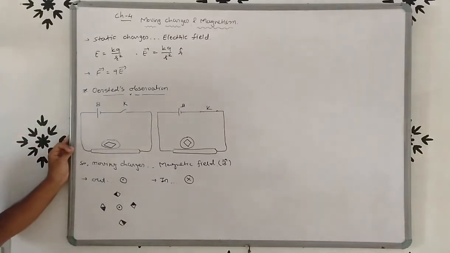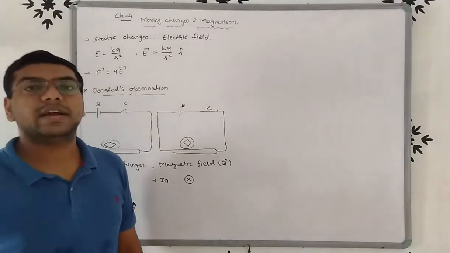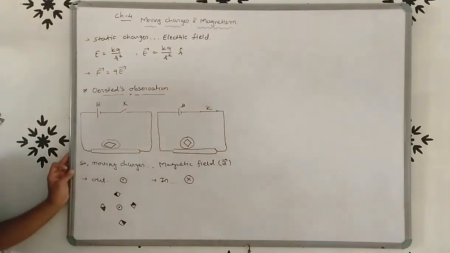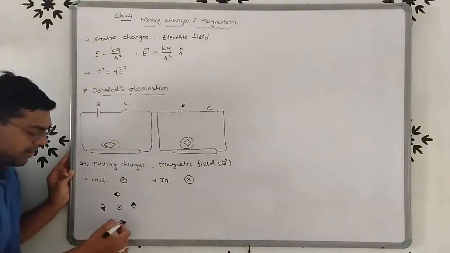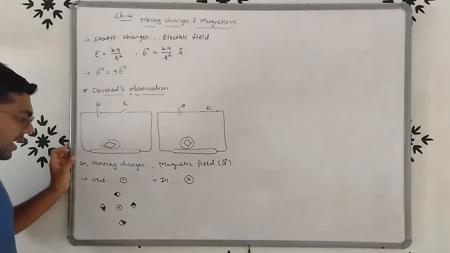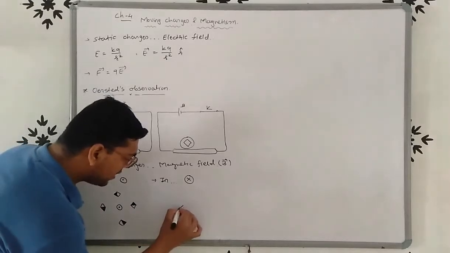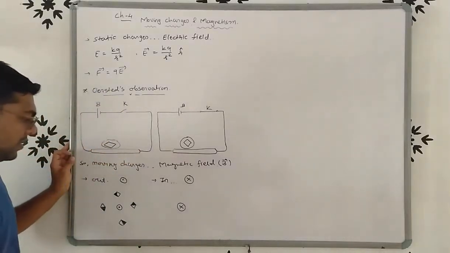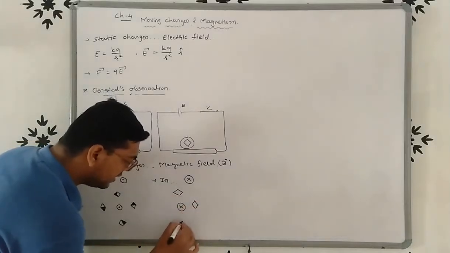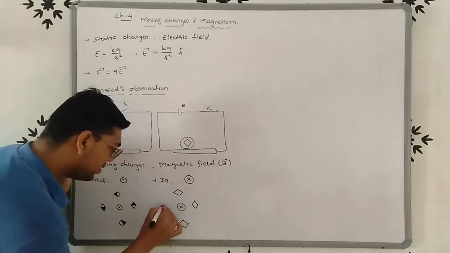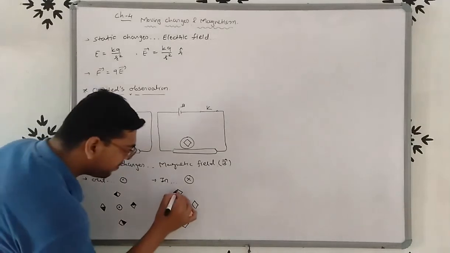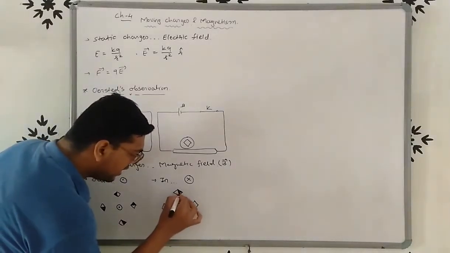So if we take one conducting wire and the direction of current is outward, then the magnetic needle will be placed like this, and if the direction of current is inward, then the magnetic needle will be like this.